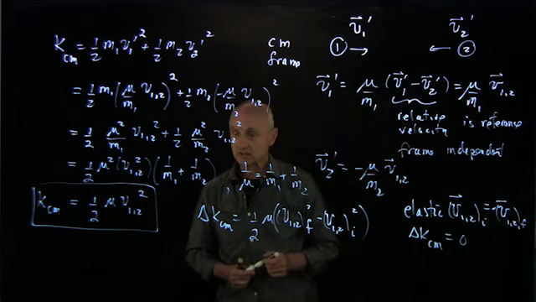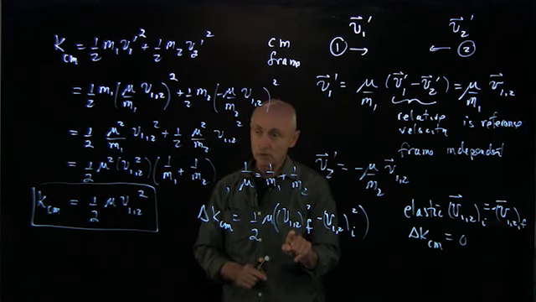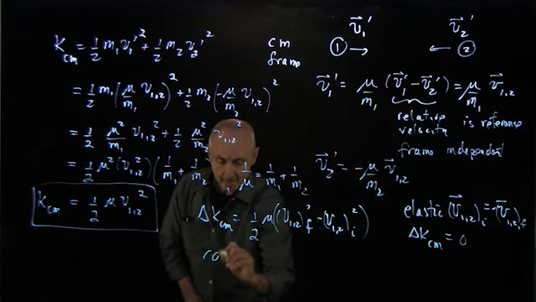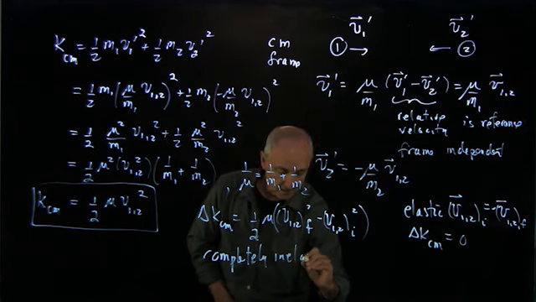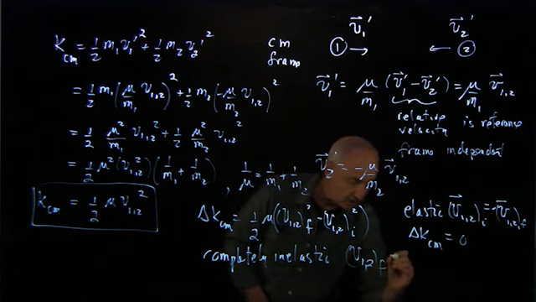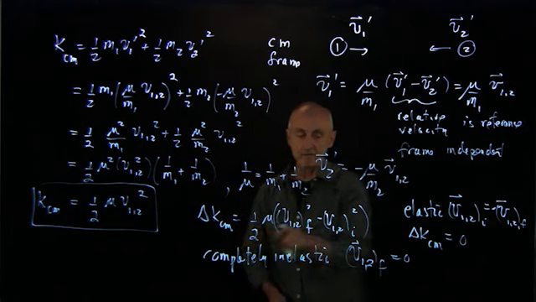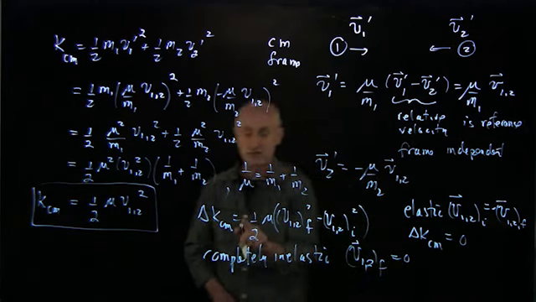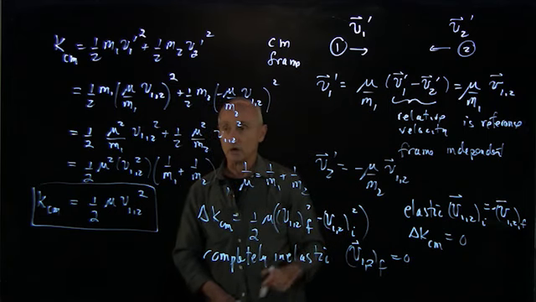And a completely inelastic collision has the two objects moving together at the end, so the condition is that v12 final is 0, because the objects stick together. And we have a very simple result for the change in kinetic energy for a completely inelastic collision. It's only negative 1/2 mu v12 initial quantity squared.